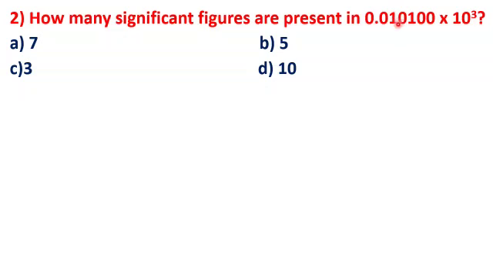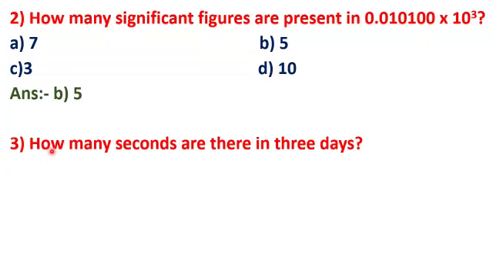After 1 this 0 is present, to the right of a non-zero digit, so this is also significant. After the non-zero digit, two zeros are present, so these zeros are also significant. So the total number of significant figures is 1, 2, 3, 4, 5. So the answer is 5.